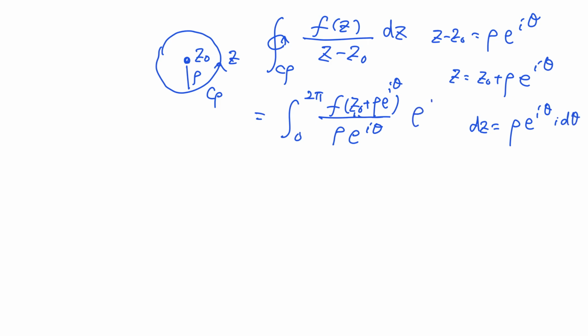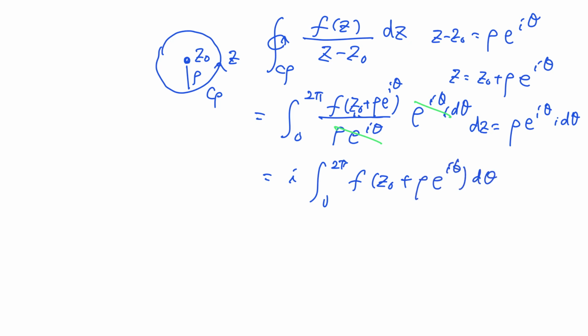So this cancels each other, and we have I times the integral from 0 to 2 pi of f of z naught plus rho exponential I theta d theta.